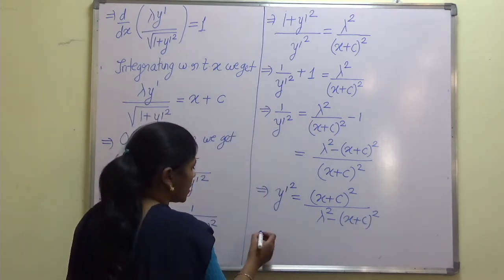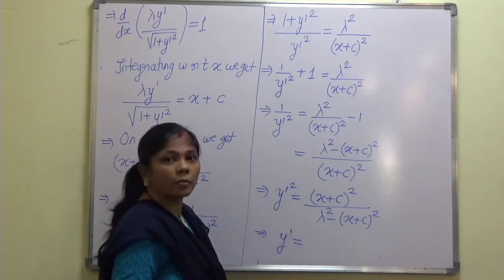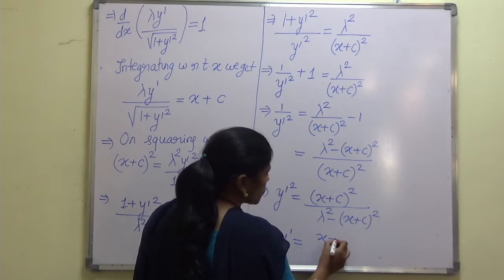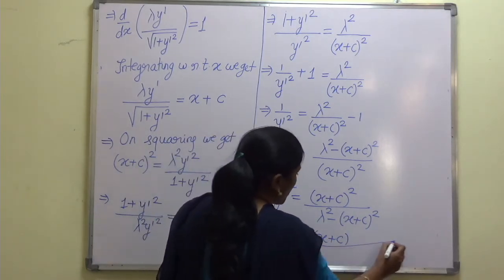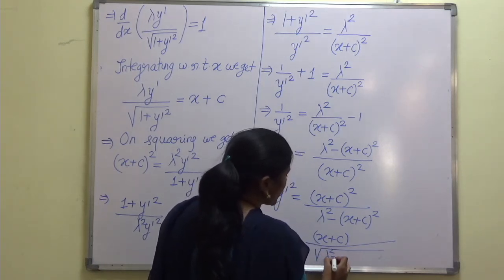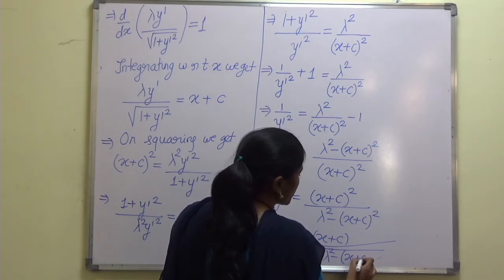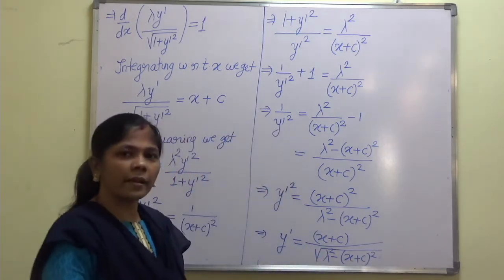Okay, now we wish to obtain y dash, so take the square root on both the sides. So we have x plus c upon square root of lambda square minus (x plus c) whole square. This is what we have as y dash.